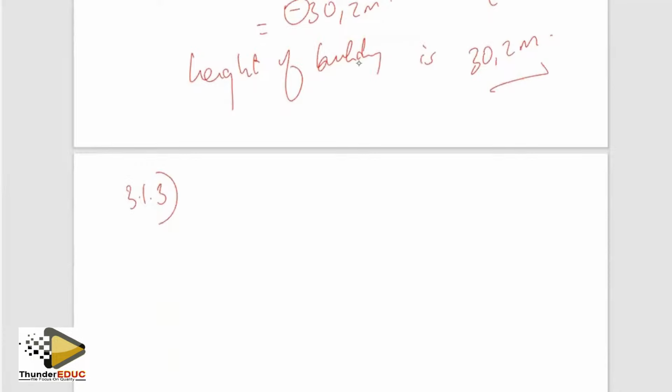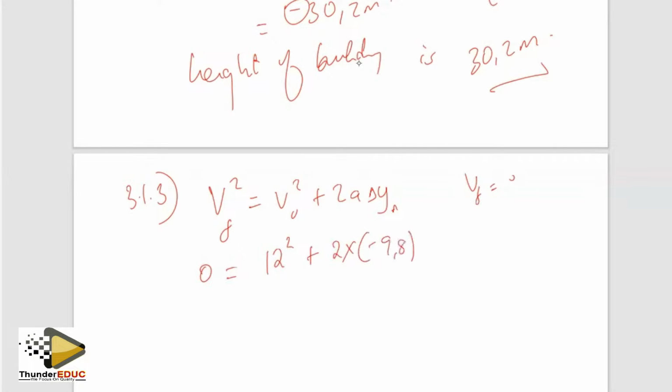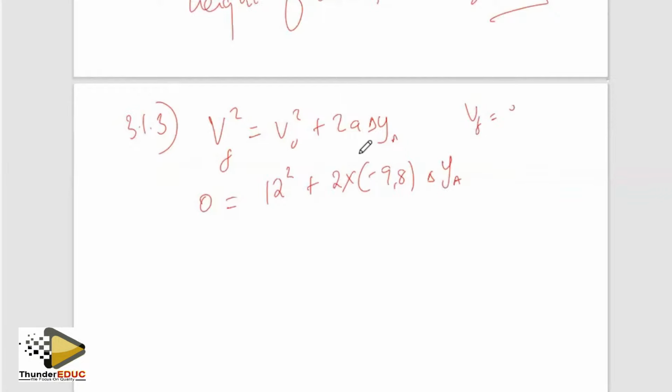So we note that I can use Vf squared is equal to Vi squared plus 2a delta Y, of say A. At the maximum height, the V final will be 0. So 0 is equal to 12 squared plus 2 times negative 9,8 times delta Y.